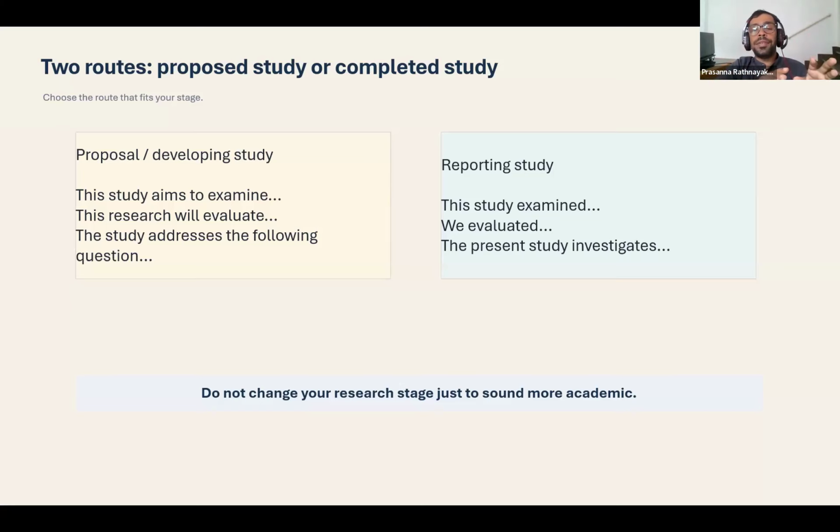If the work is completed, you may write the other way around. How? This study examined, or we evaluated. Do not turn a proposed study into a completed study merely because it sounds stronger. Now, one thing I noticed when I mark master's theses is that they have developed a proposal written in future tense, saying this study aims to examine, will evaluate, and all that.